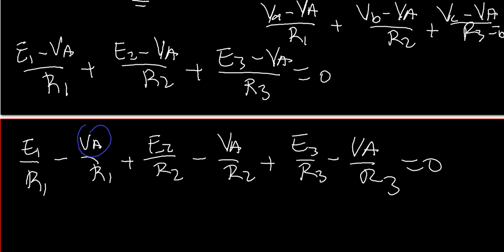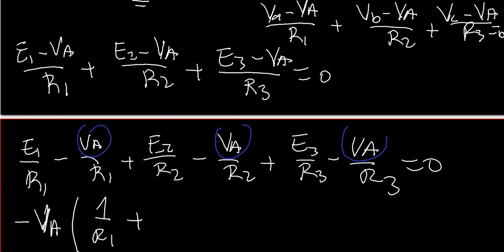So we discover that we have a common term here, VA, here, and there. We can put it in bracket. Let me put VA in bracket open. Here will remain 1 on R1 plus 1 on R2 plus 1 on R3.